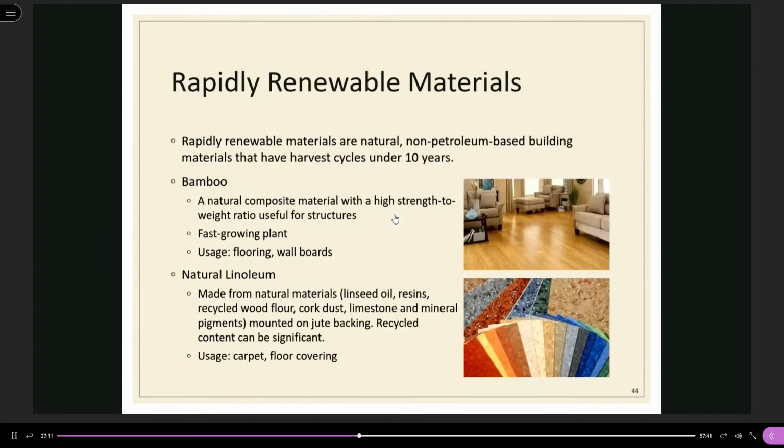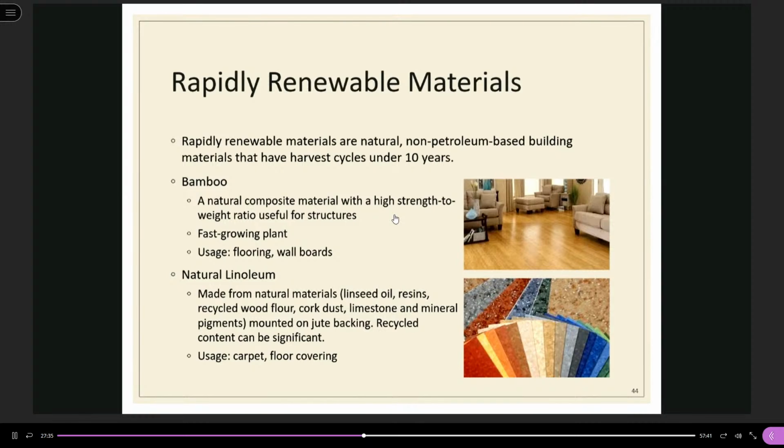Okay, rapidly renewable materials. So this kind of material is natural, plant-based building materials that have harvest cycles under 10 years. So less than 10 years, you can harvest this kind of material, like the bamboo.